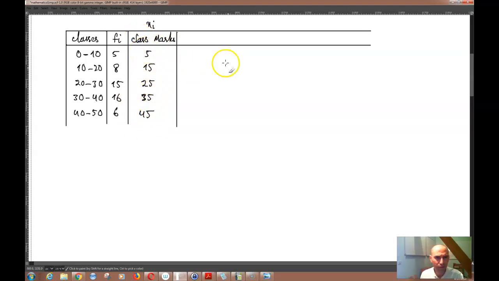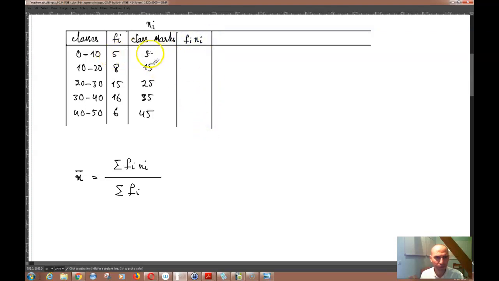So you can simply find the mean of the data. You can use x bar is equal to sigma f of i, x of i divided by sigma f of i. You can use f of i times x of i here.